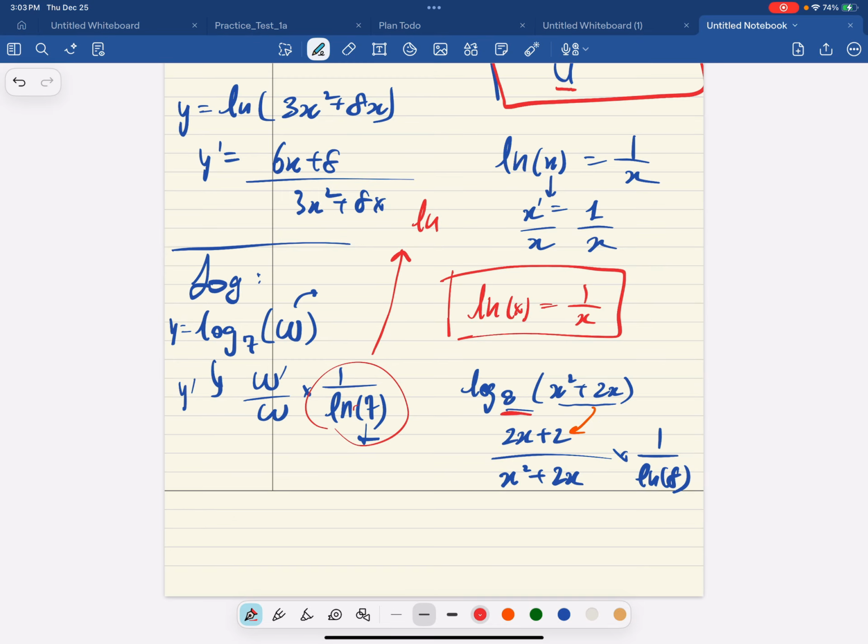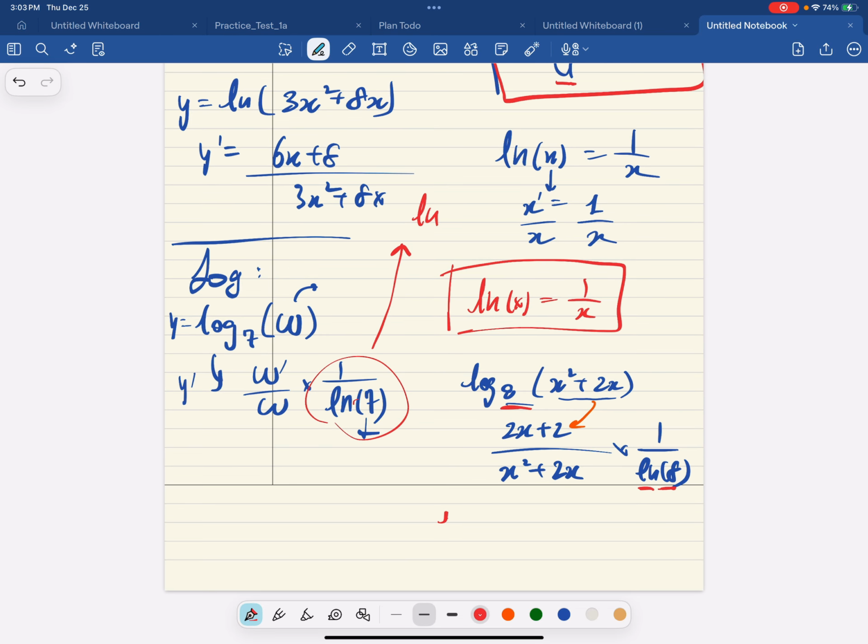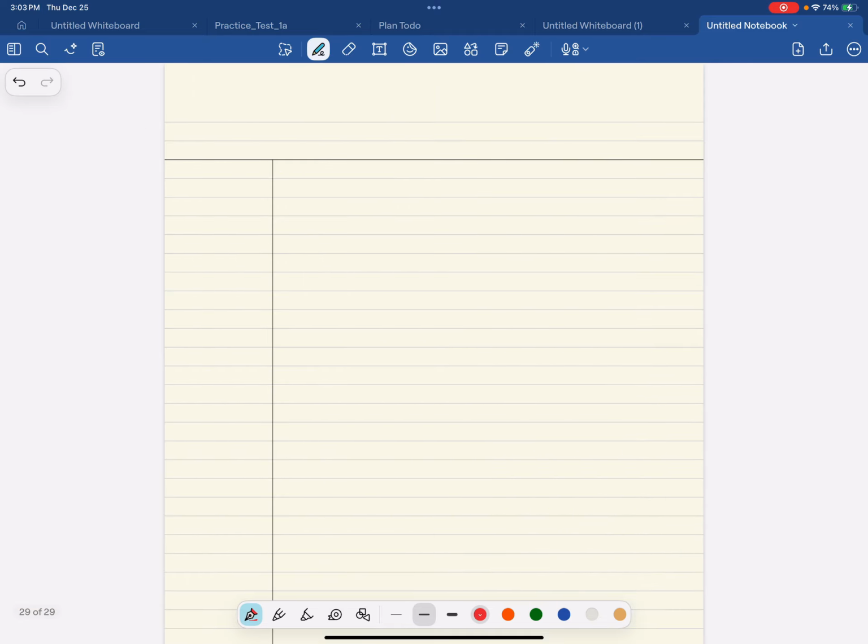So the base becomes ln of 8, not log. The final answer is 2x plus 2 over x squared plus 2x, times 1 over ln 8. I just write it as ln 8 in one single expression so that you don't have to separate two functions. So that's for log.